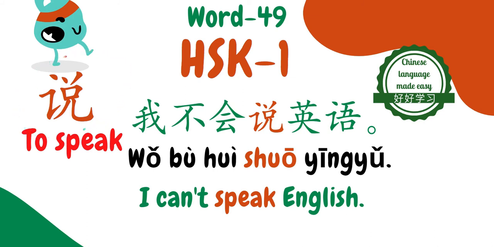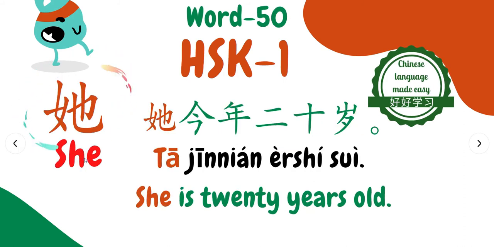So this is about the word 说, which means to speak. Word number 50 is 她, which means she. 她今年20岁.